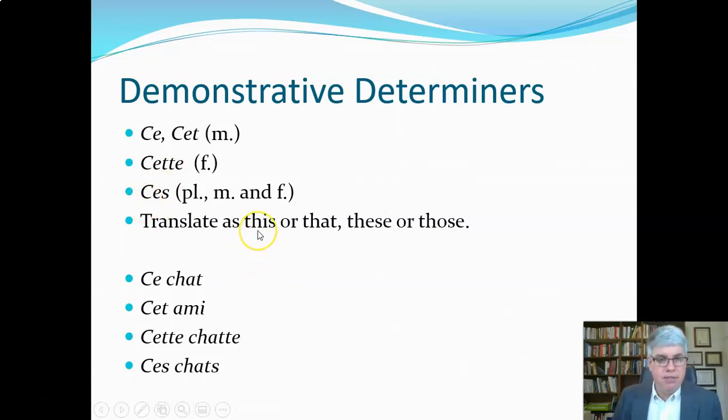And these can be translated this or that for the singular, or these or those for the plural. So we say ce chat, this cat or that cat. Cet ami, this friend or that friend. Cette chatte, this female cat or that female cat. And ces chats would be these cats or those cats.